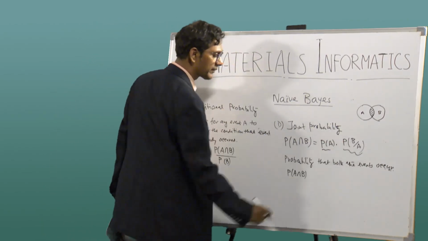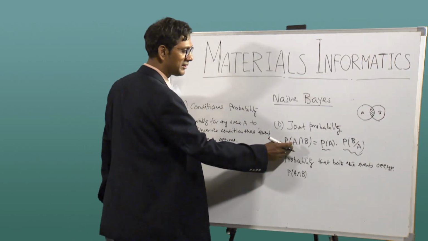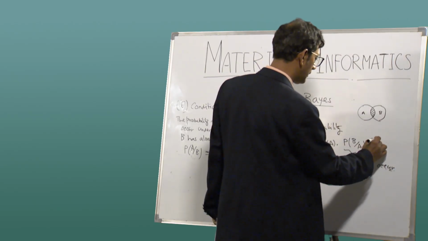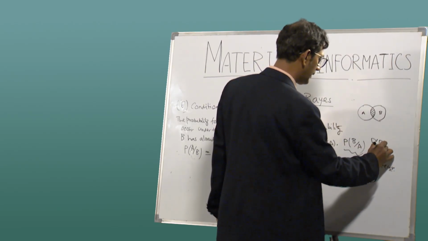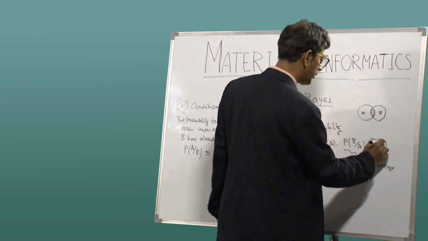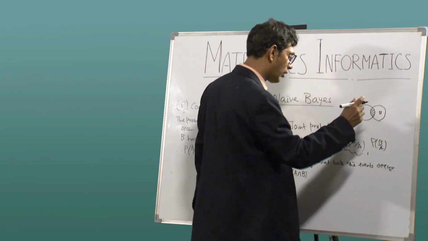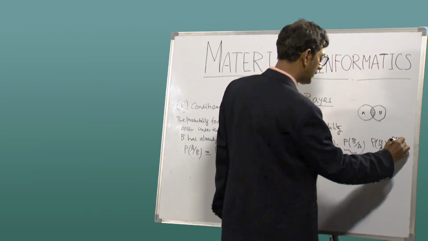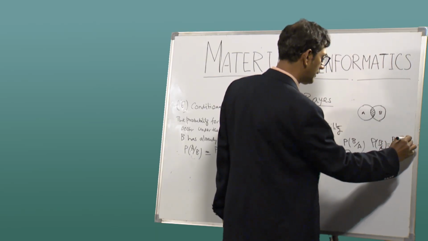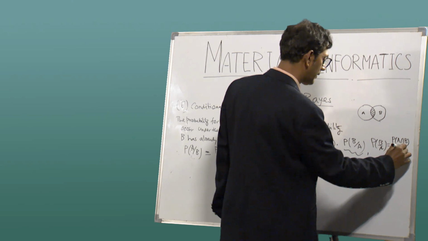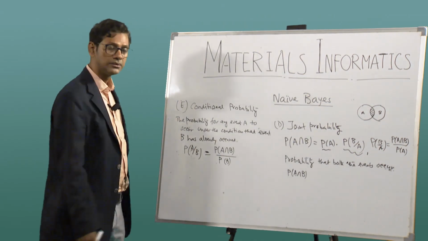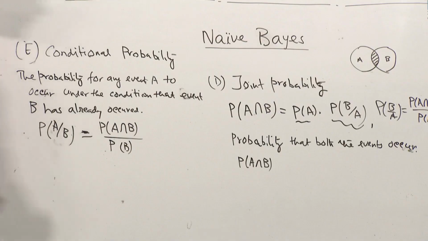This one, you can clearly see, P of B by A, the probability of occurrence of B when A has already occurred, is nothing but the probability of A intersection B divided by the probability of A. That is what exactly we did. This is your conditional probability.